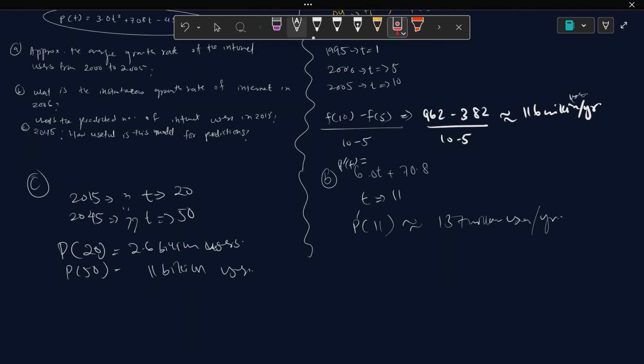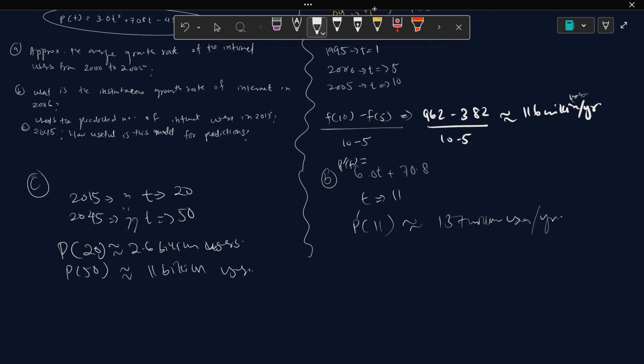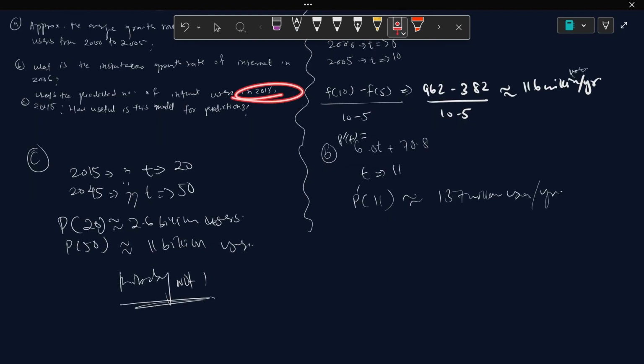Okay, so here they're basically asking you, how useful are these predictions? Because they're approximately equal to these numbers over here, would you say that these predictions are useful or not? Well, I would say they're probably not useful, except close to 2015. So we can say that the 2015 prediction is somewhat reasonable because it is close to 2011.